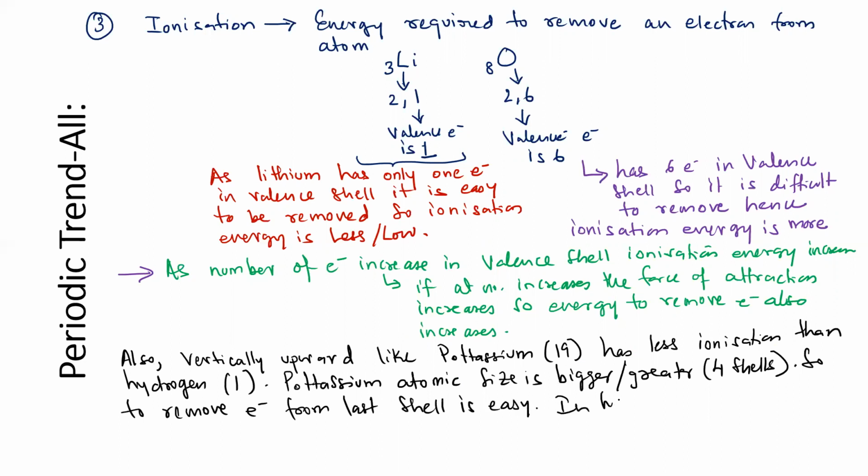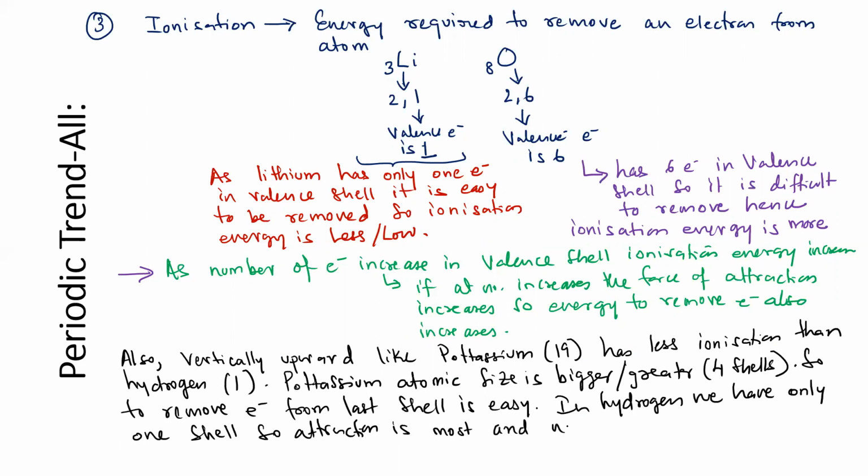In hydrogen, we have only 1 shell, so the attraction is most, and the electron is not easy to remove compared to potassium.